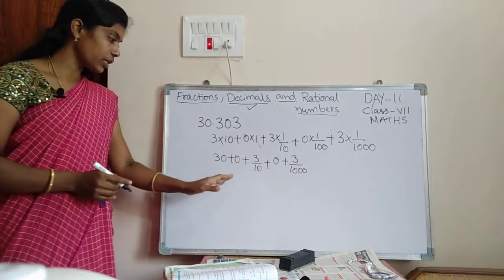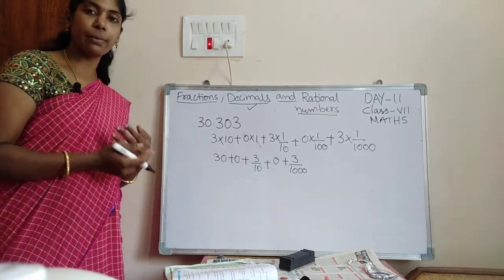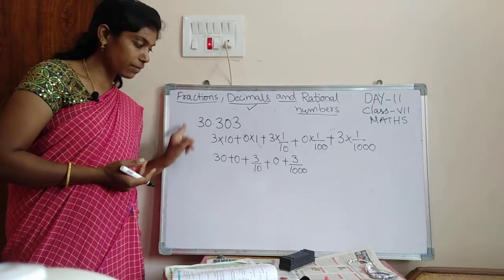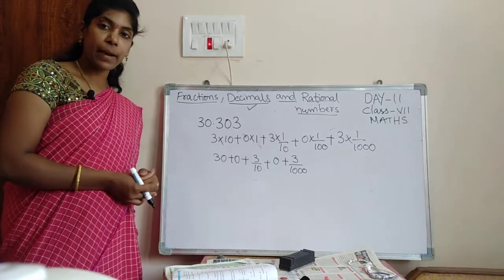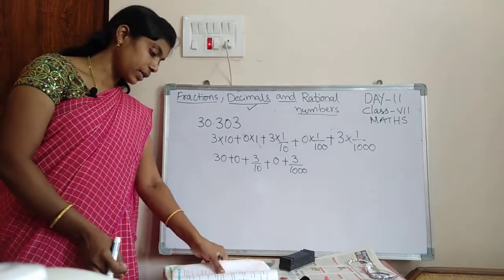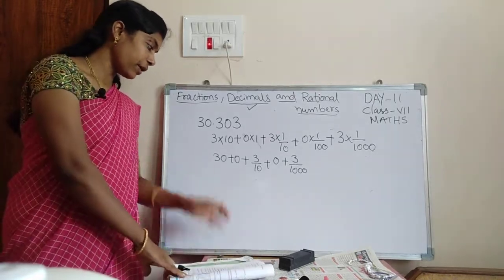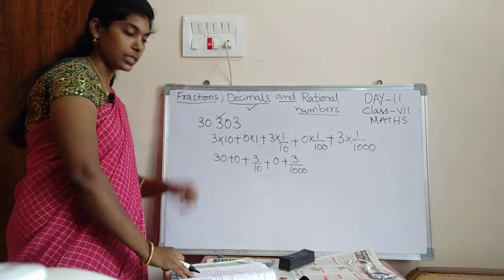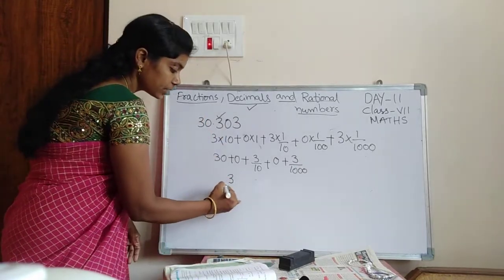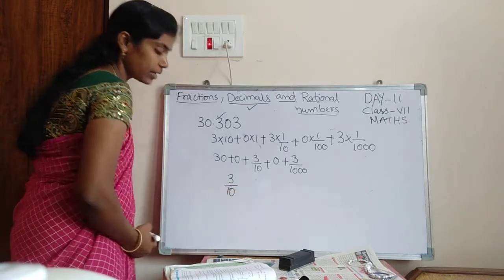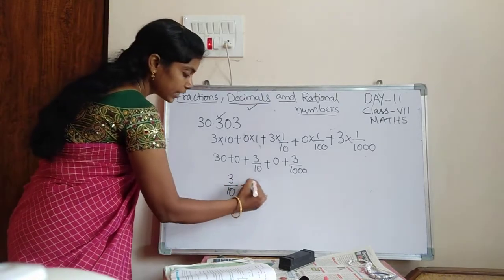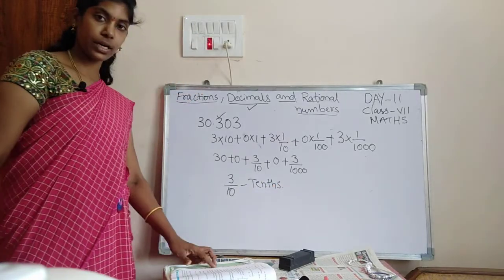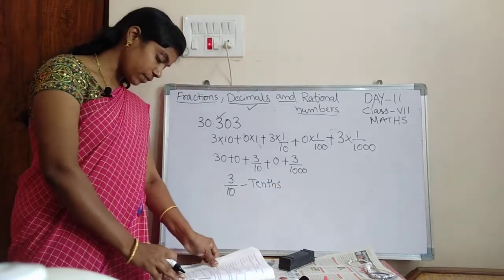So if I give you this, you should be able to write the normal decimal number also. This is the way we write the expanded form of a decimal. And if I ask what is the place value of this 3, you can tell directly 3 by 10, or tenths.